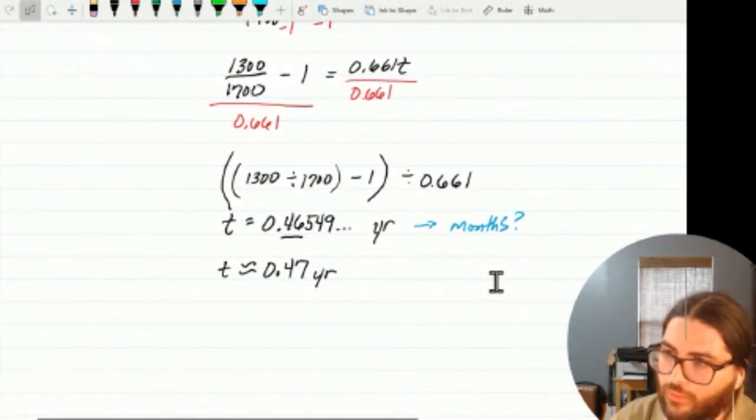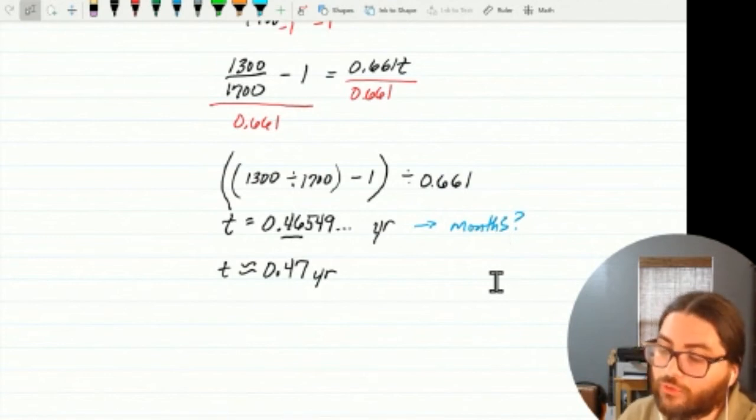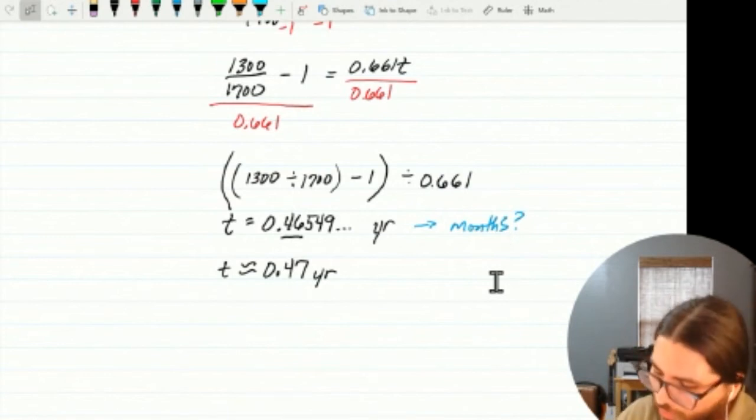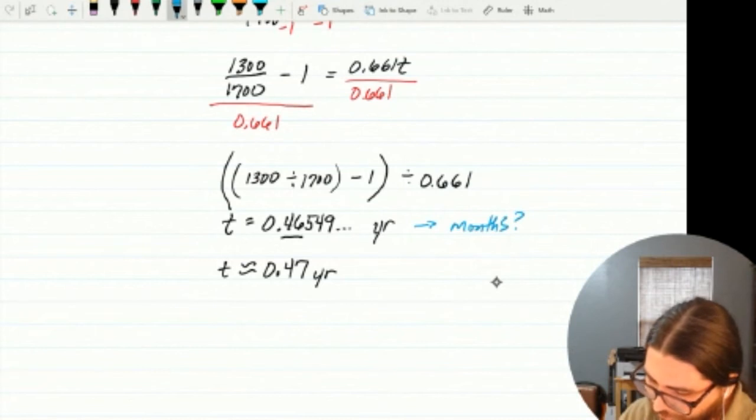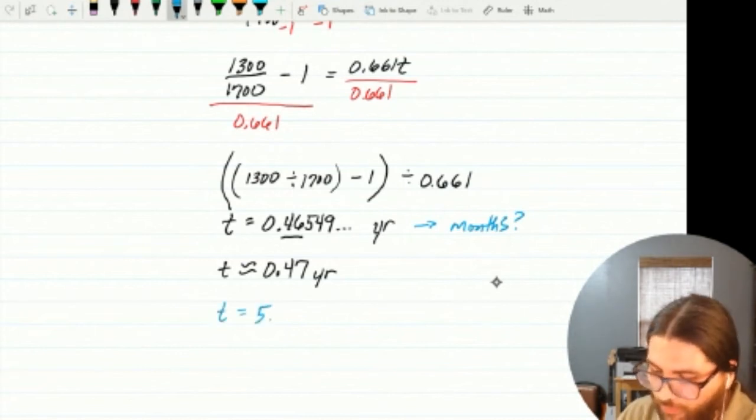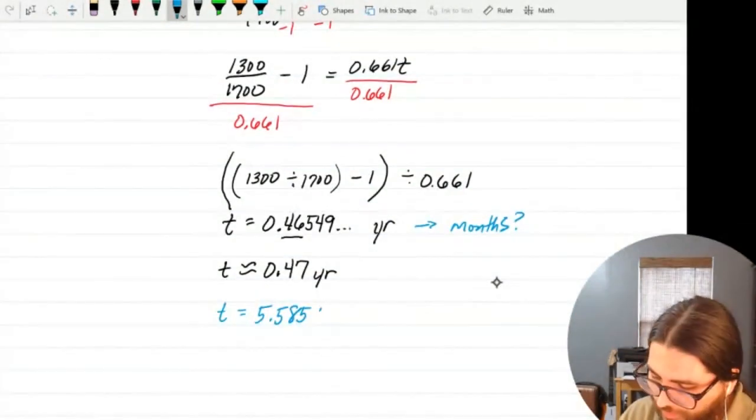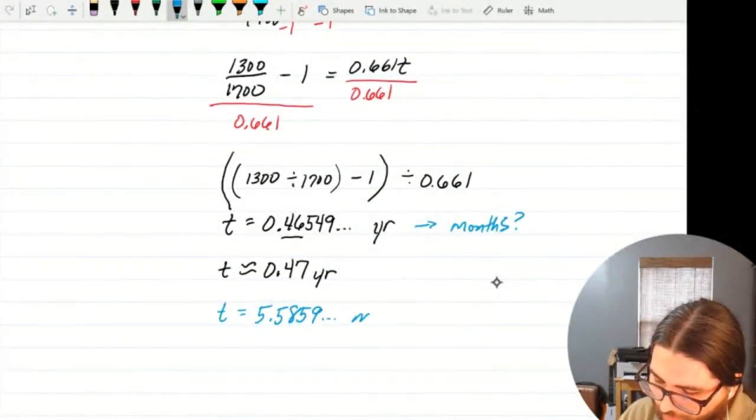I'm going to go back to my calculator, which I haven't cleared. So I'm just going to do the answer times 12 in the calculator. 5.5859, and it keeps going, months.